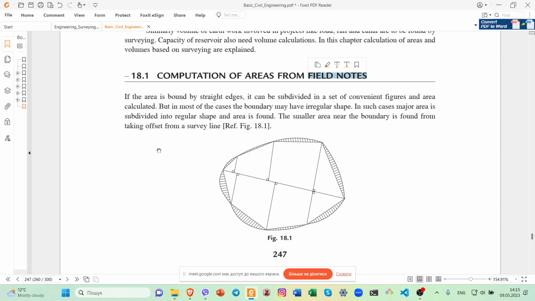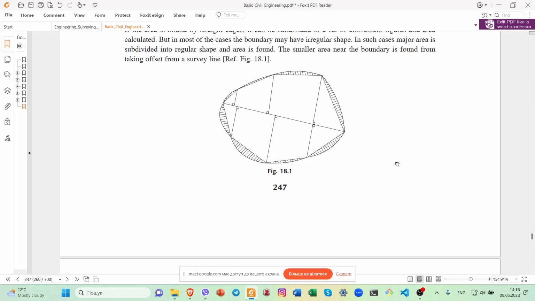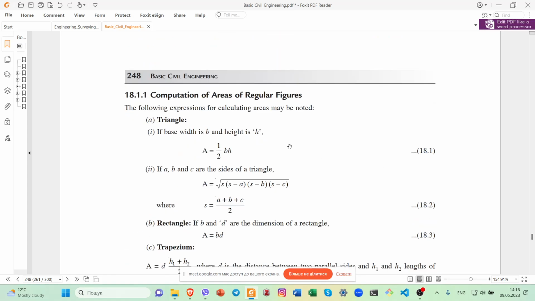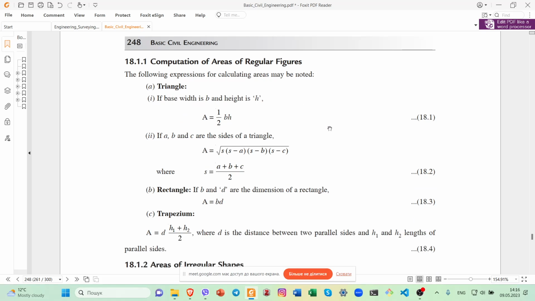If the area is bound by straight edges, it can be subdivided into a set of convenient figures and area calculated, but in most cases the boundary may have irregular shape. Here you can see equations for computation of area of regular figures.